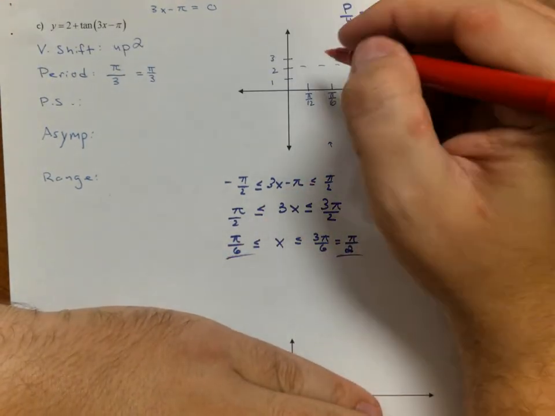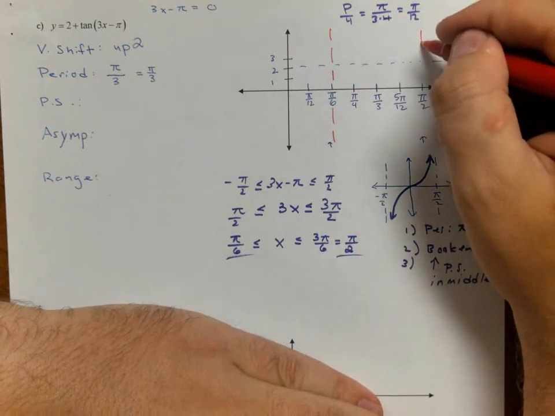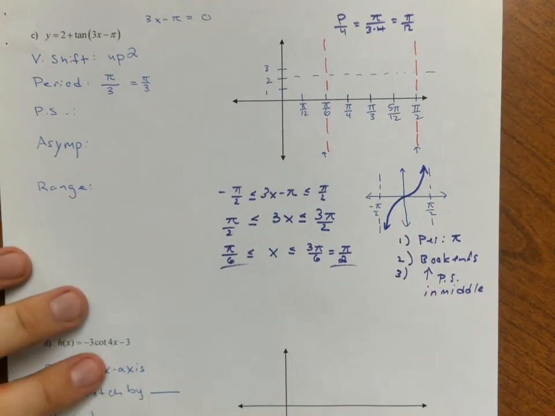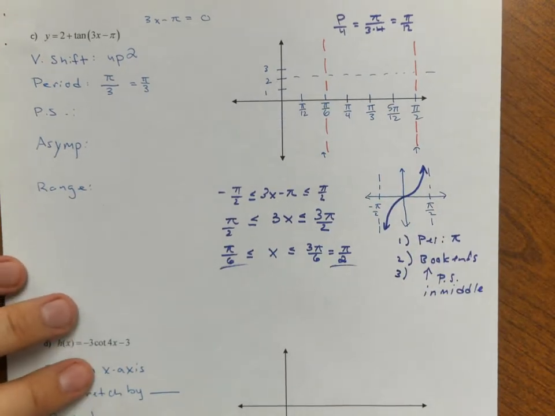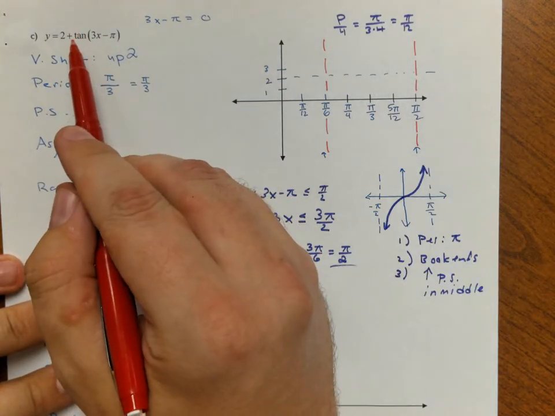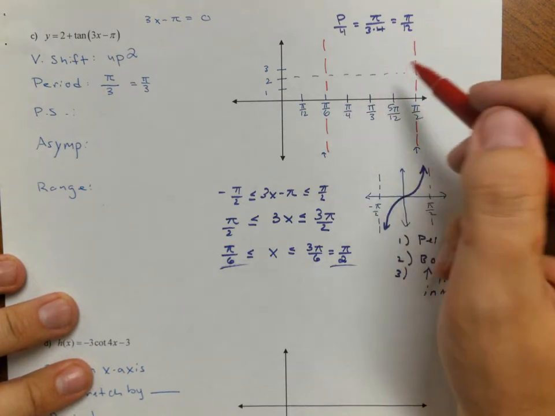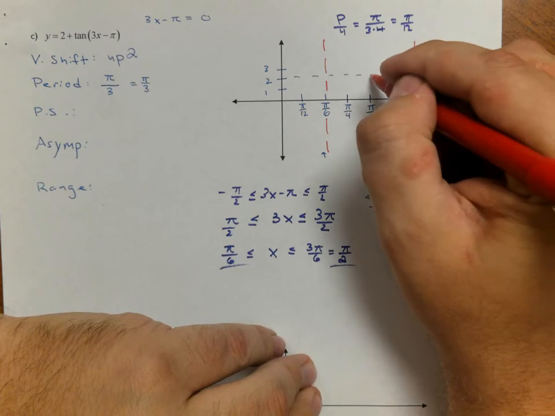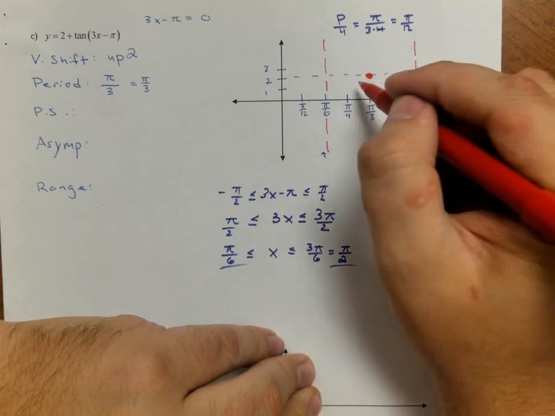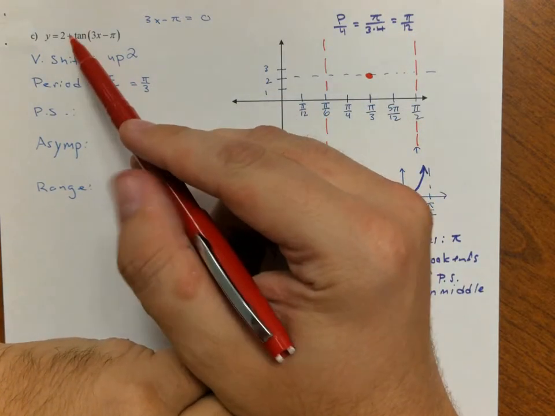My bookends right here indicate my asymptotes. So I'm going to draw asymptotes in at x equals pi over 6 and x equals pi over 2. My tangent is going to go generally up unless there's a reflection. This does not have a reflection, so I know I'm going generally up through this interval. Right in the middle, I start in the middle. And on either side, I go up and down by whatever stretch or compression I have out there.